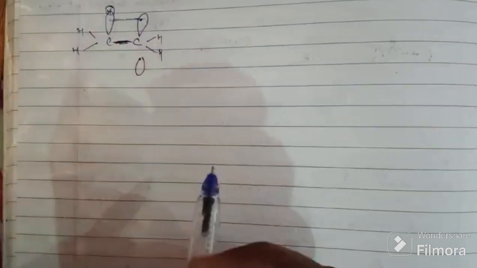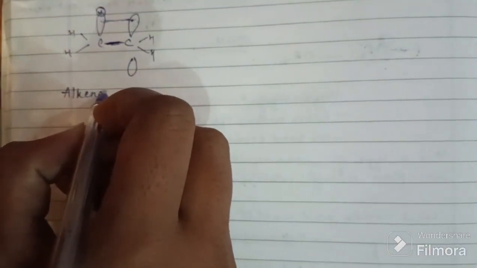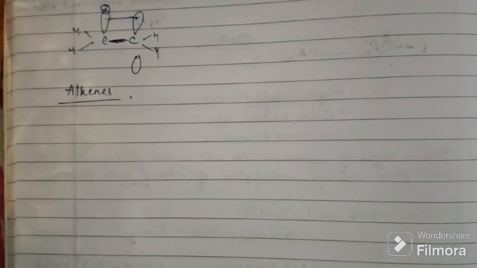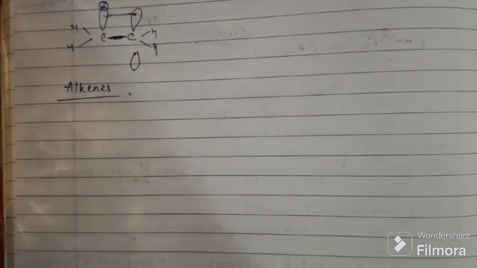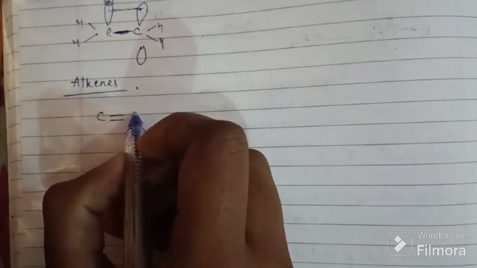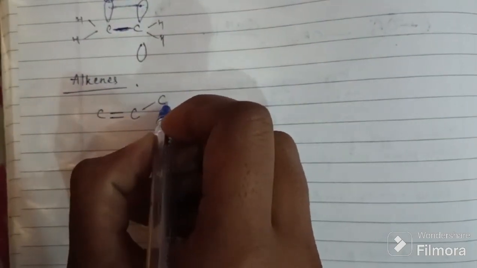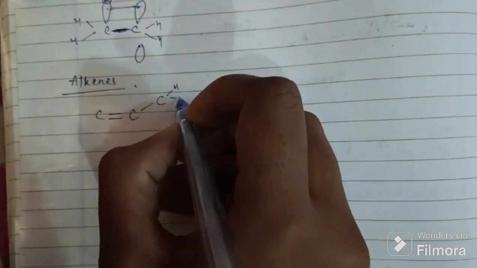Then in alkenes, if a double bond is present at an alternate position, like this is an alkene and to this carbon there is some hydrogen.